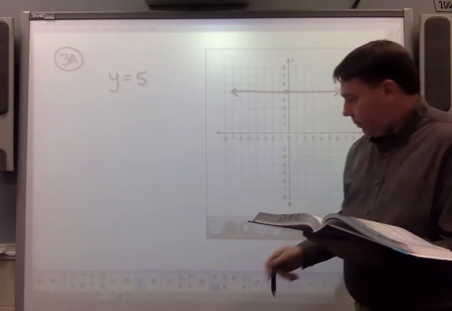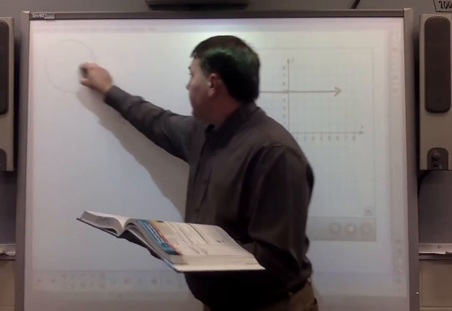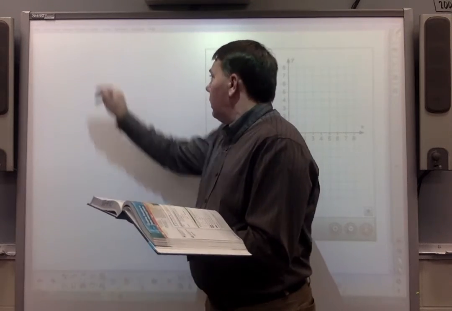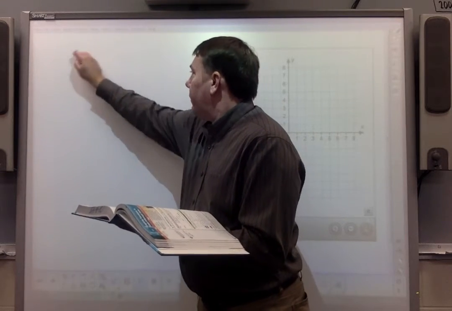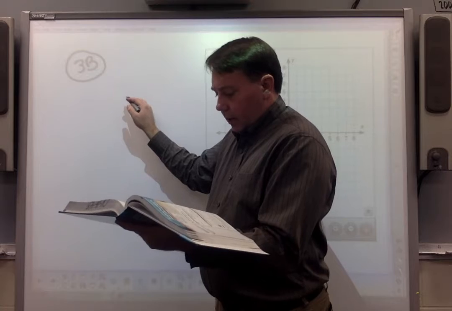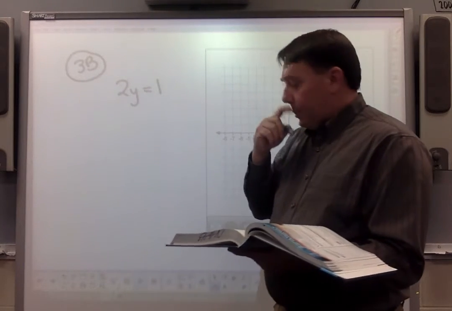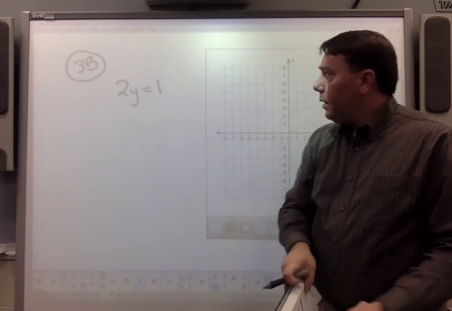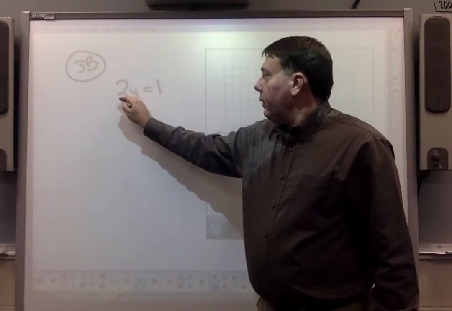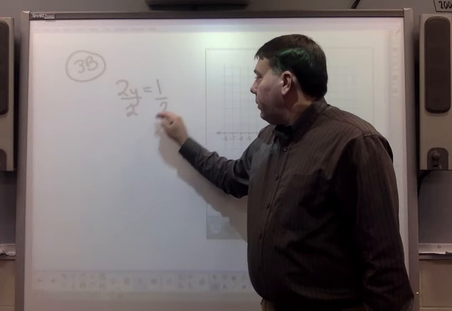The last one that we're going to do today is 3b, and 3b is the equation 2y equals 1. This is almost solved for y. You have one step to get y by itself, so divide by 2.